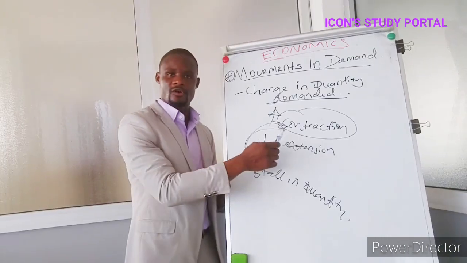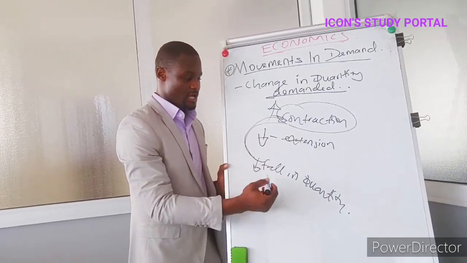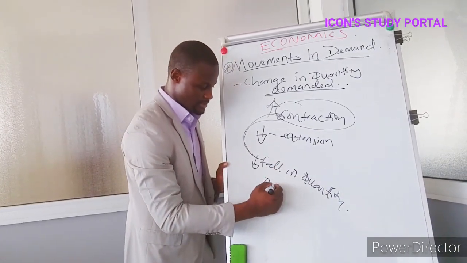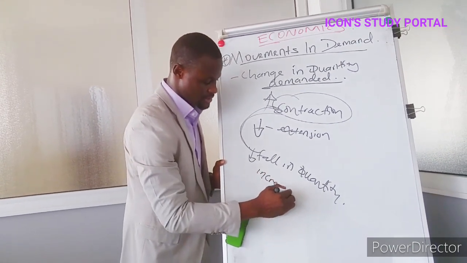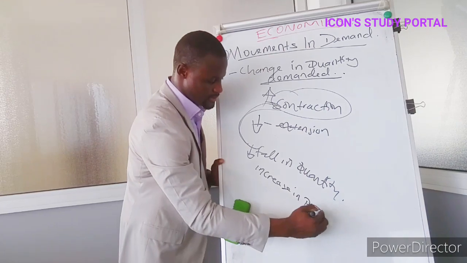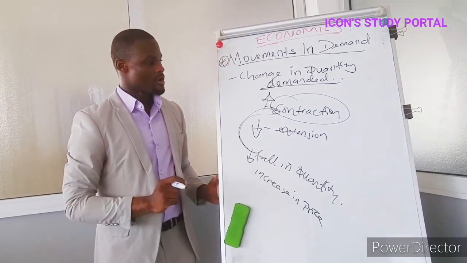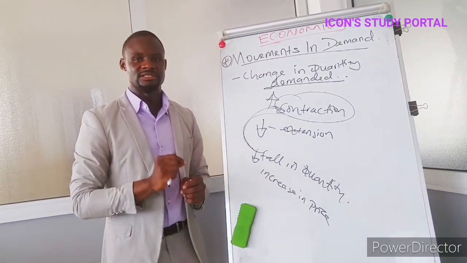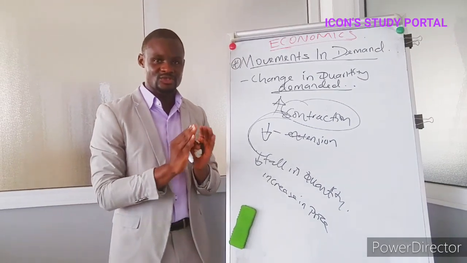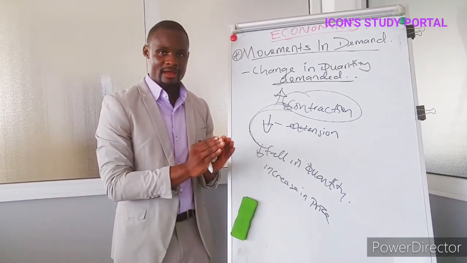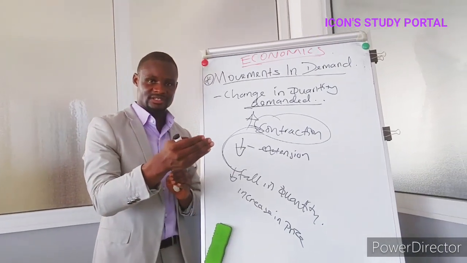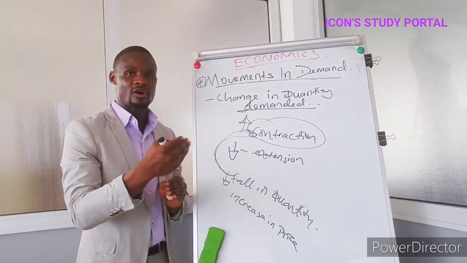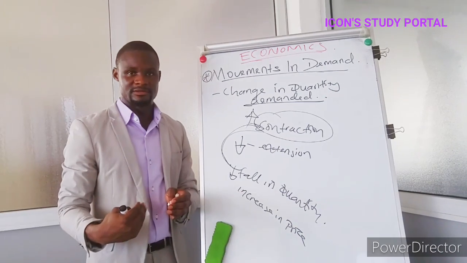What leads to a fall in quantity demanded is simply an increase in price. When we talk of a contraction in demand, it's that situation where there is an increase in price of goods and services, which leads to a fall in quantity demanded.